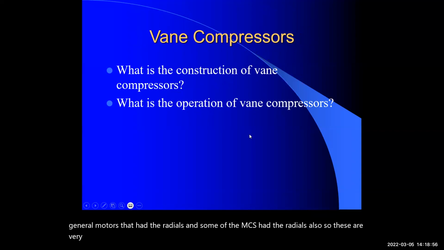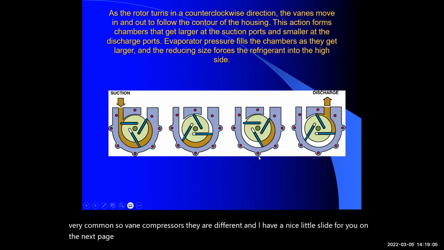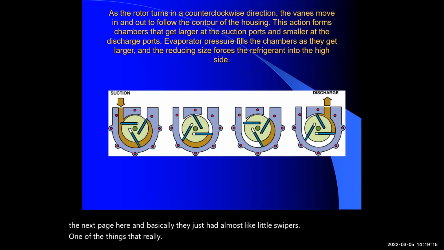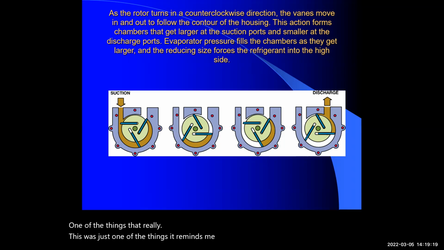So vane compressors, they are different. And I have a nice little slide for you on the next page here. And basically, they just had almost like little swipers. One of the things it reminds me of is how an air gun works, like an impact gun.